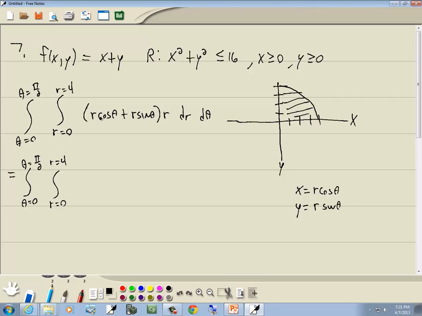Now these r cosine theta plus r sine theta, they both have an r in common, so I can factor that out. When I factor that out, I can multiply times the r that's already there. So that gives us r squared times cosine theta plus sine theta, dr d theta. Well, we'll do the inner integral first.